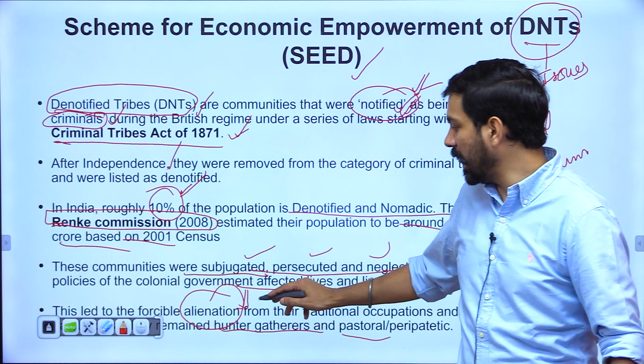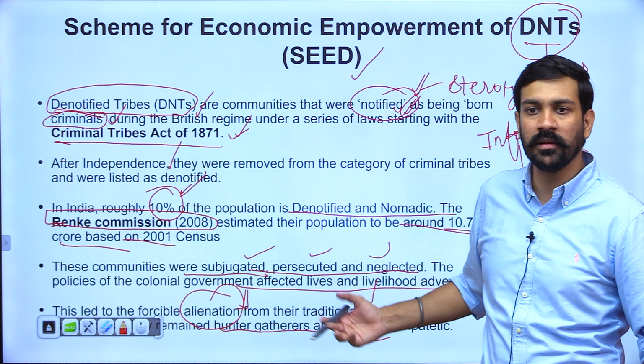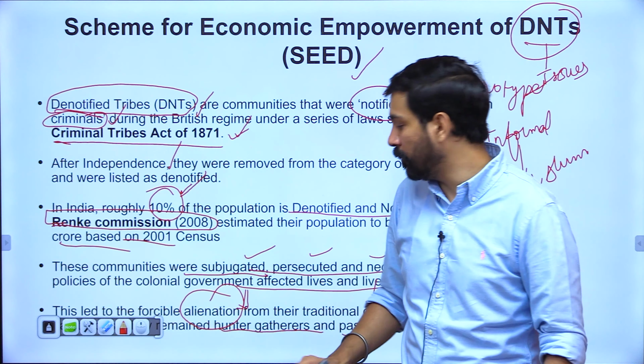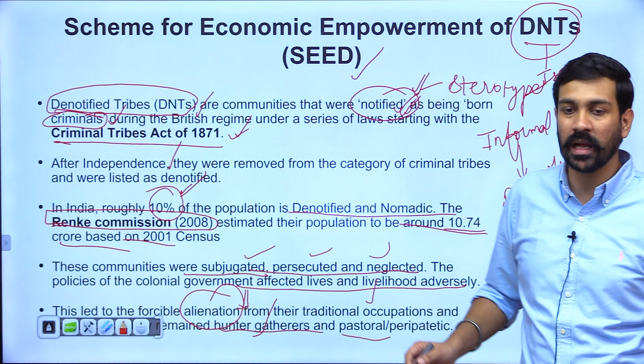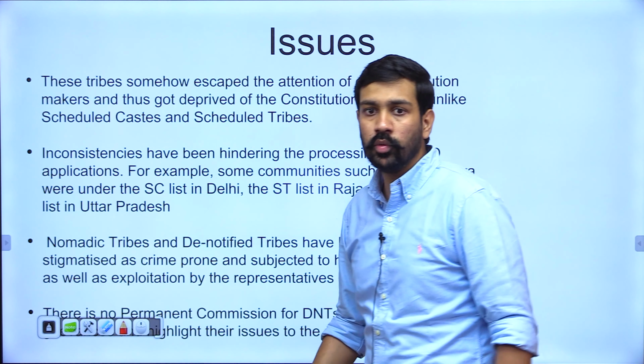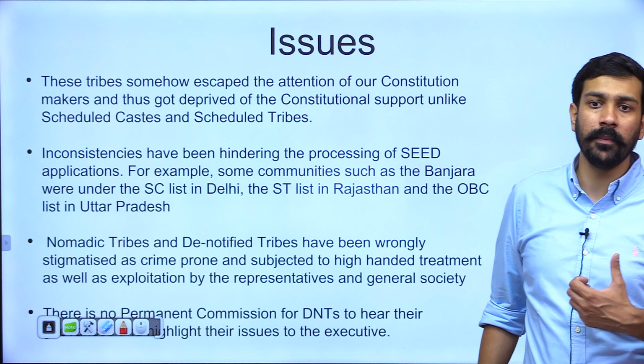So they were alienated from their traditional occupations, and because they were poor, they did not have access to modern economic opportunities or education, they could not get the fruits of development, and they continue to be hunter gatherers or engaged in pastoral activities.